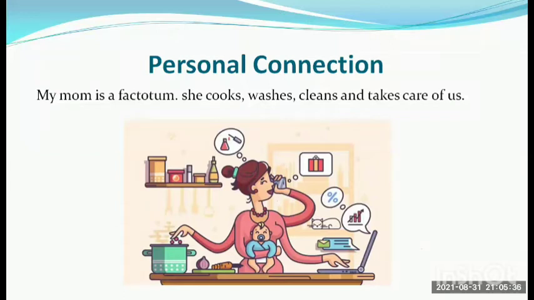See, the more connections you develop with a new word, the longer you are able to remember it. It's called deep learning. Got it? Whenever you need to remember what factotum means, just remember mom, and you will remember it. Visualize, imagine, use your imagination and emotion. Relate both those things. Let's go for the next.